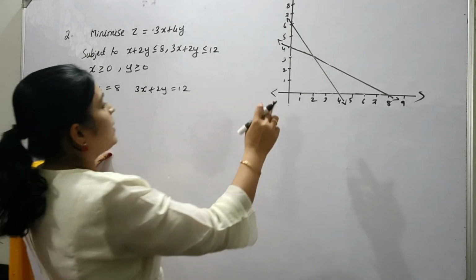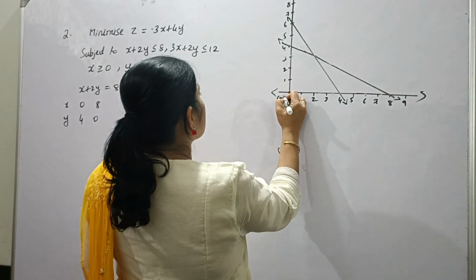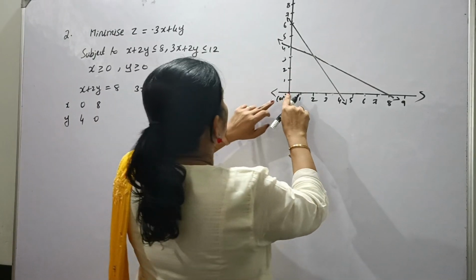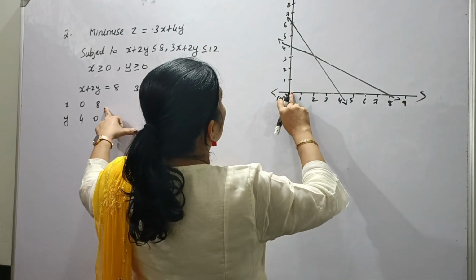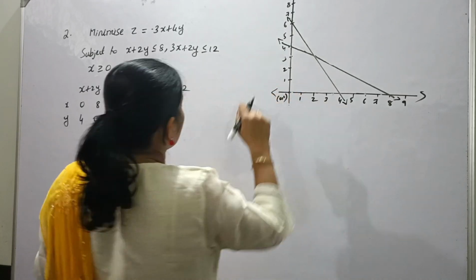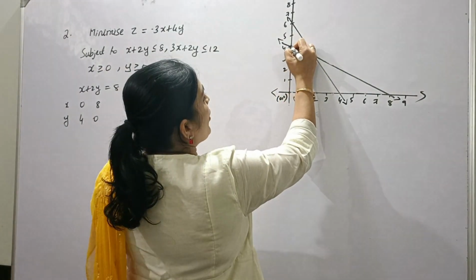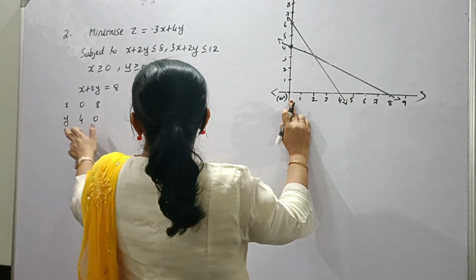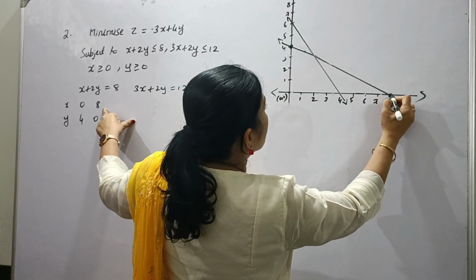Then see, it is the point origin 0, 0, and when x is equal to 0, y is equal to 4. It is the point. And when x is equal to 8, y is equal to 0.